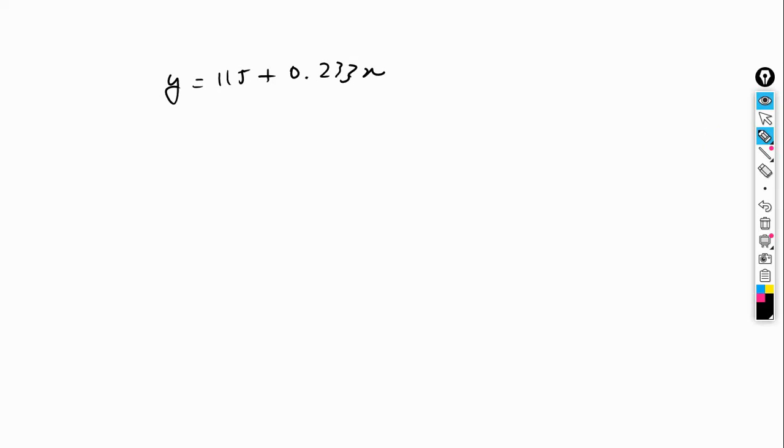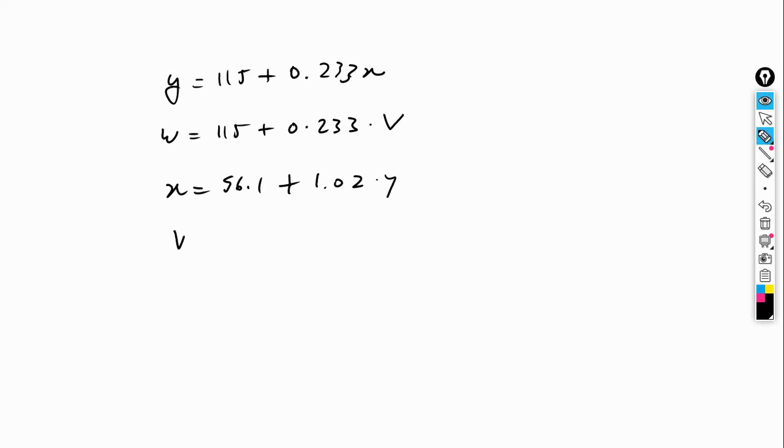Okay, so y was the weight, so we can say the weight is equal to 115 plus 0.233 times the volume. And then the other one we found was x is equal to 56.1 plus 1.02 times y, right?